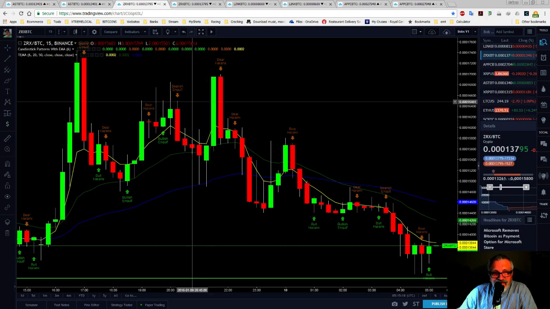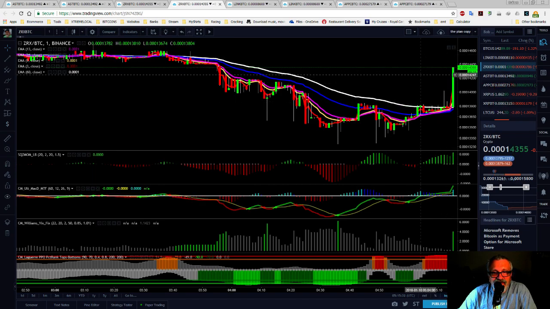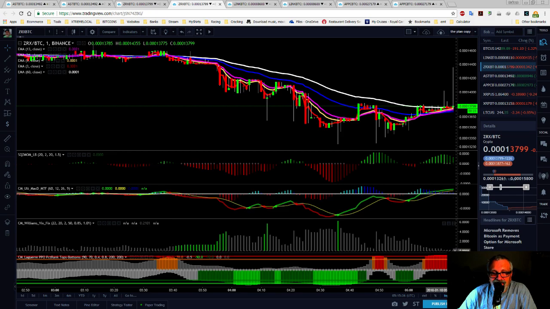See, this is a good place right now. This ZRX is fixing to take off right here. Look here, it's red. All these lines are starting to move up together. So ZRX, if you ain't in that right now, this is the buy time. Buy, buy, buy. Get in on it.